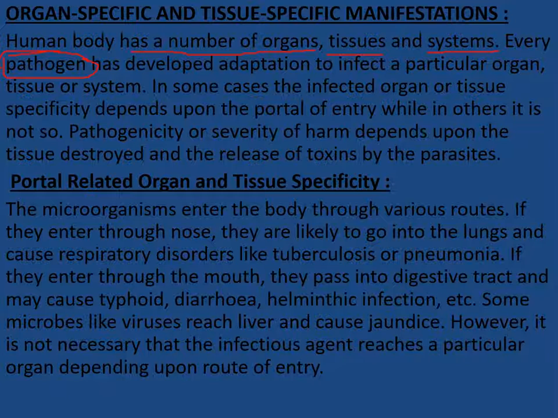Every pathogen has developed adaptation to infect a particular organ, tissue or system. In some cases, the specificity of the infected organ or tissue depends upon the portal of entry, while in others it is not so.